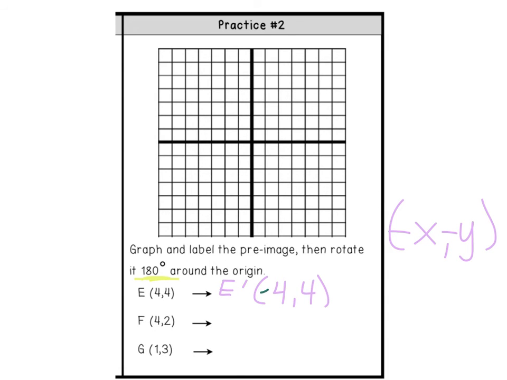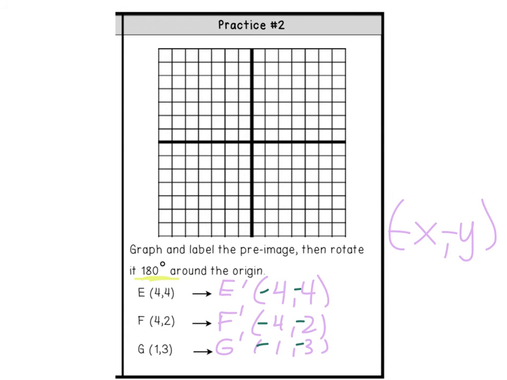So since these are both positive, we make them both negative. So F prime, we keep them the way they are, but then make them the opposite. And then G prime, keep them the way they are, but make them the opposite.